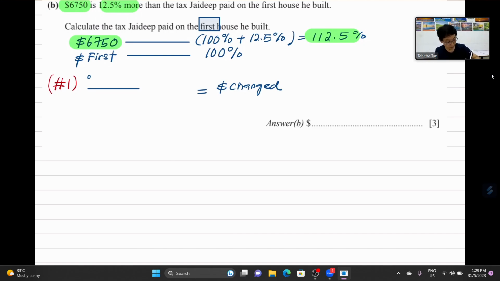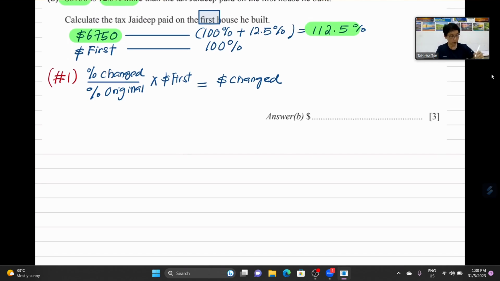What is the percentage of change over the 100, the original? Let me write this properly. Over the 100, the original. And then you're going to multiply your original, which in this case is the first house.